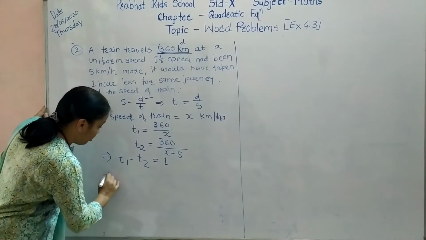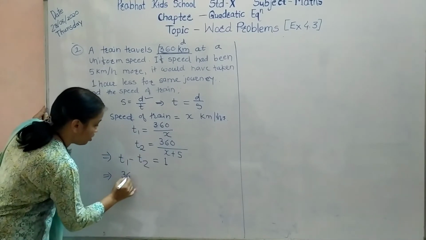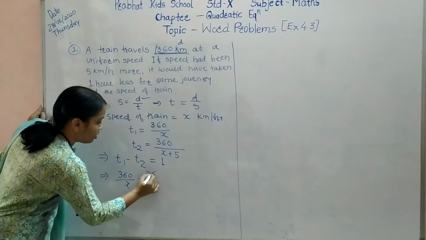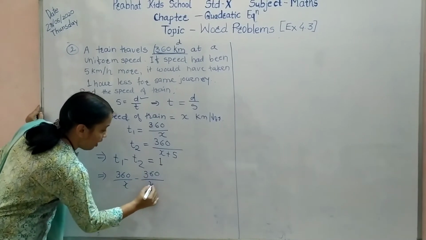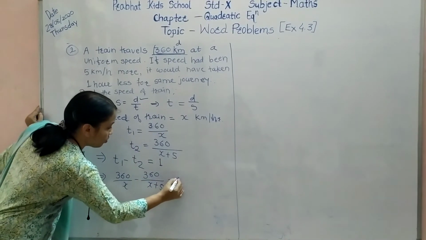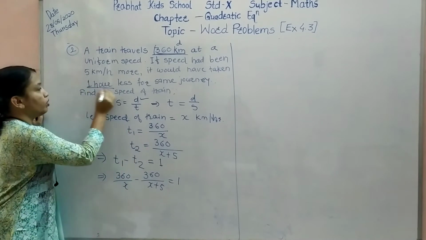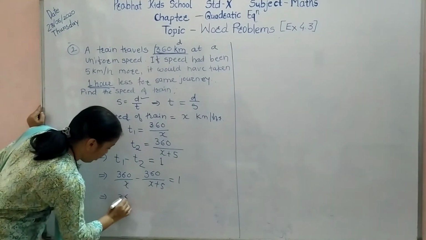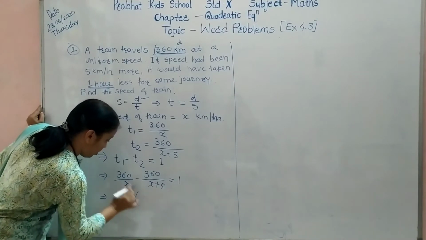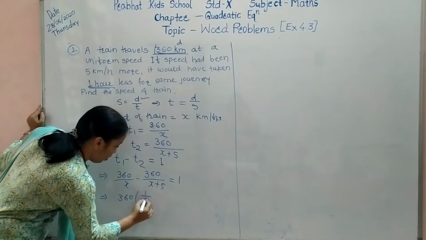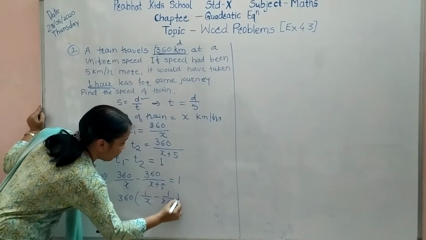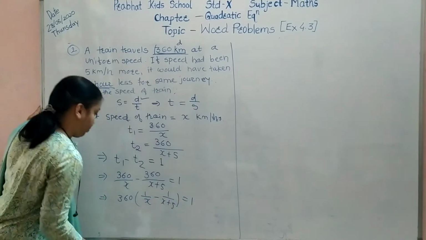Now write this as 360 upon x minus 360 upon x plus 5 equal to 1. Now take 360 common. Therefore, 360 times 1 upon x minus 1 upon x plus 5 equal to 1.